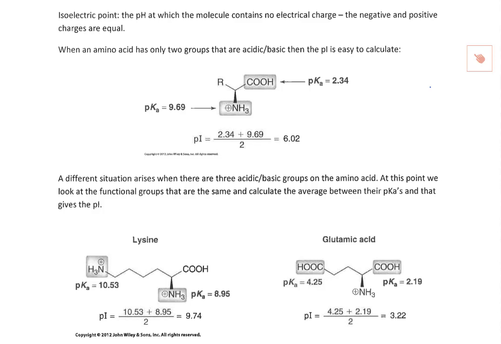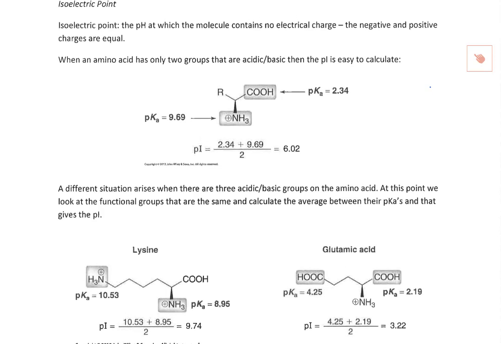We have one more thing to do in this video, and that's talk about the isoelectric point. The isoelectric point is a pH, and it's the pH at which the molecule is net neutral, so it contains no electrical charge. When the amino acid has only two groups, the pI, which is the abbreviation for isoelectric point, is very easy to calculate.